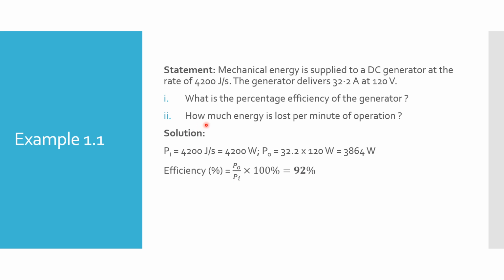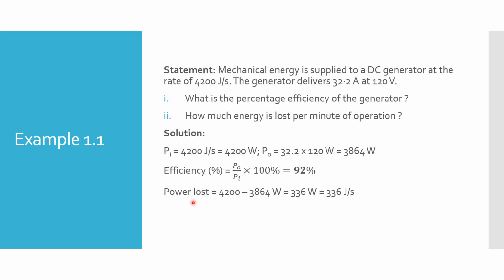Now moving on to the second portion, how much energy is lost per minute of operation. Remember that this power in watts is the energy supplied per second of operation. You are required to tell how much energy is lost per minute of operation.